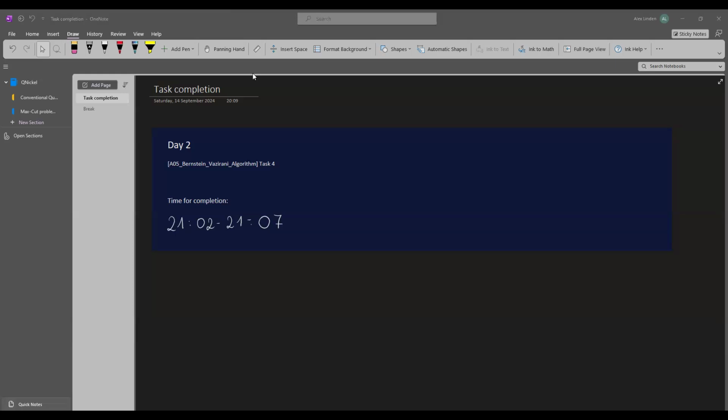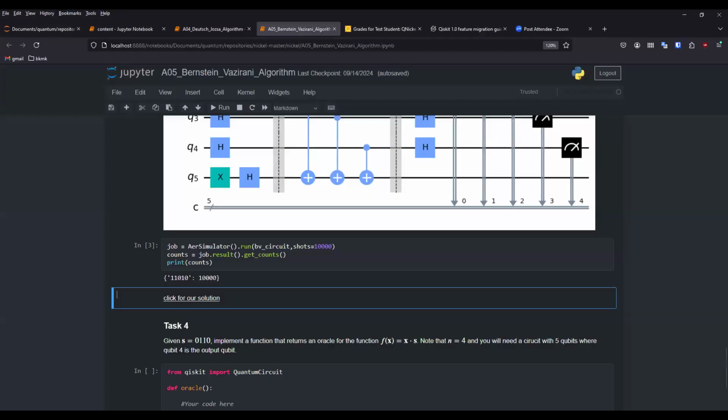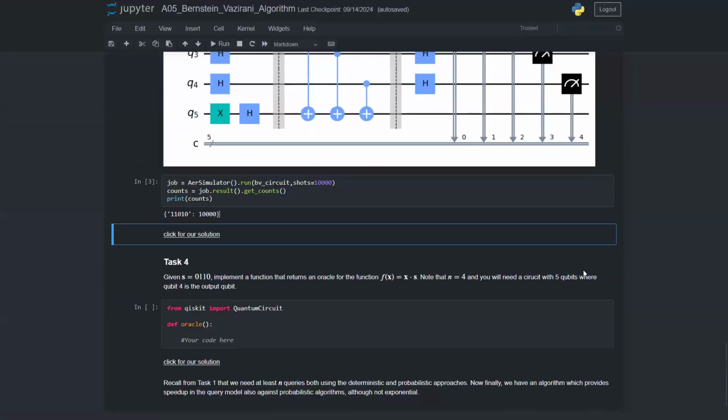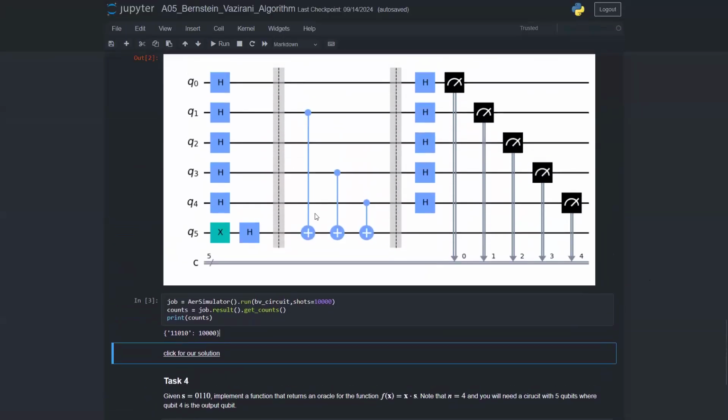We can proceed to the final task for today. I think here, better than in Bernstein-Vazirani, we'll be able to see why we get the CNOTs. Let's analyze this example again.